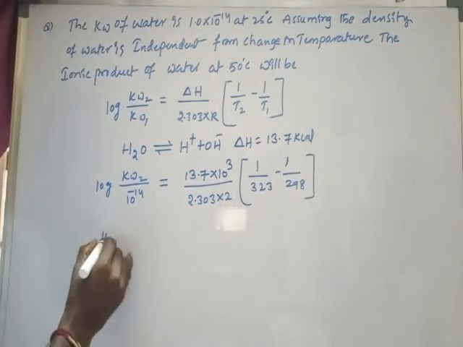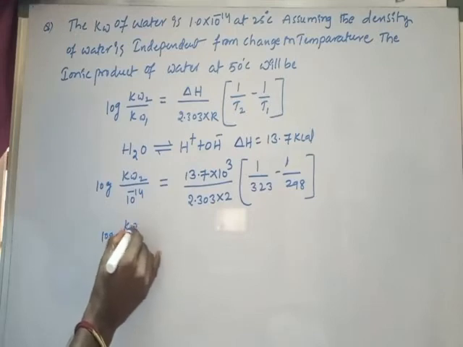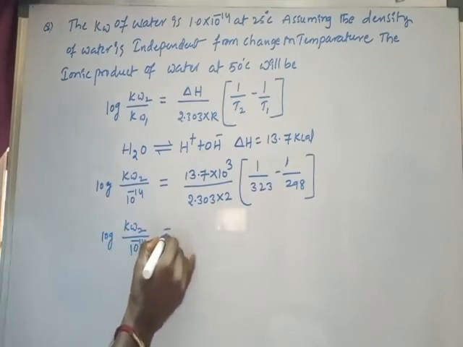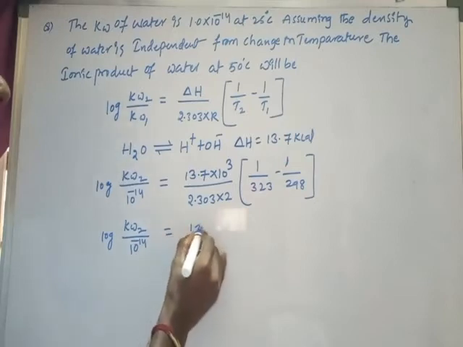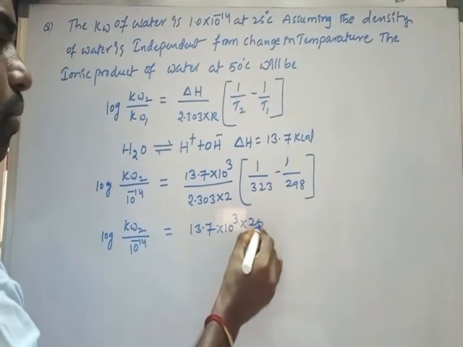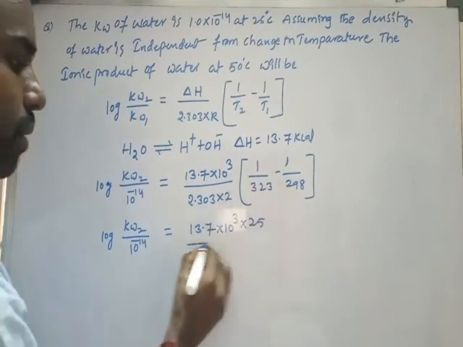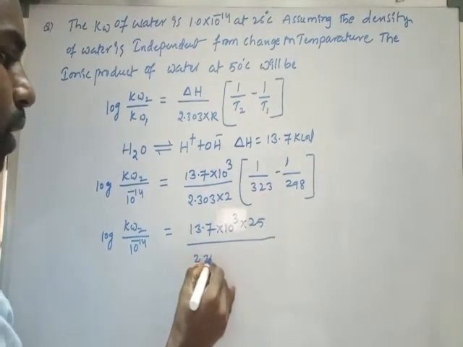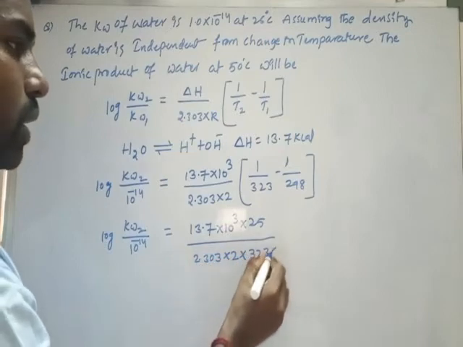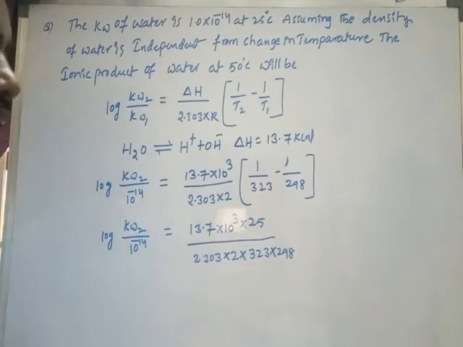Now log Kw2 by 10 to the power of minus 14 equals what we can write: 13.7 into 10 to the power of 3 into 25, taking the common term, by 2.303 into 2 into 323 into 298.